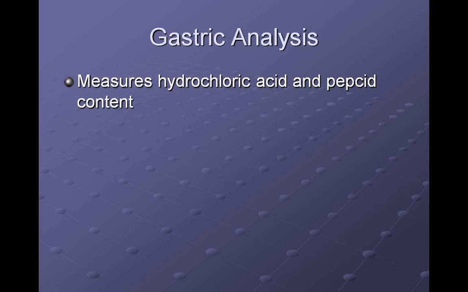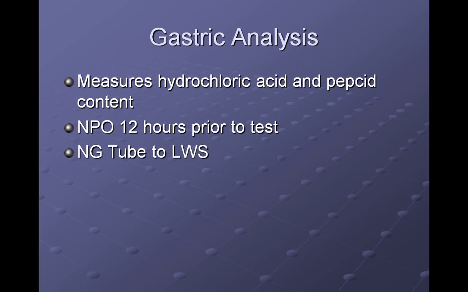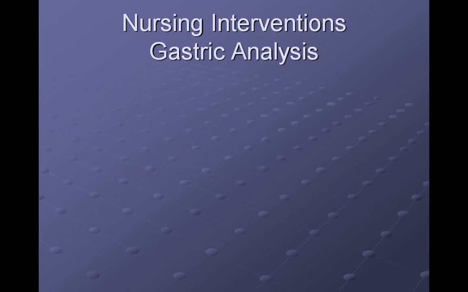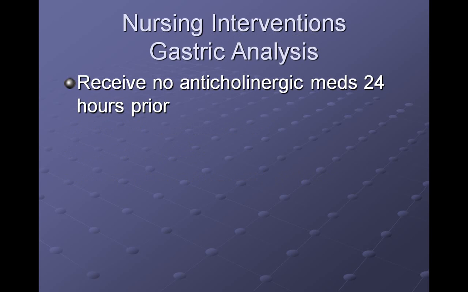It's used to measure hydrochloric acid and peptic content. The person is NPO 12 hours prior to the test. The NG tube is in place and connected to low wall suction. Samples are collected every 15 minutes for 1 hour. The person receives no anticholinergic medications 24 hours prior, and I want you to tell me why.